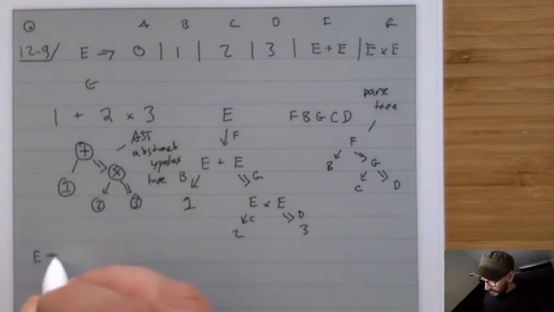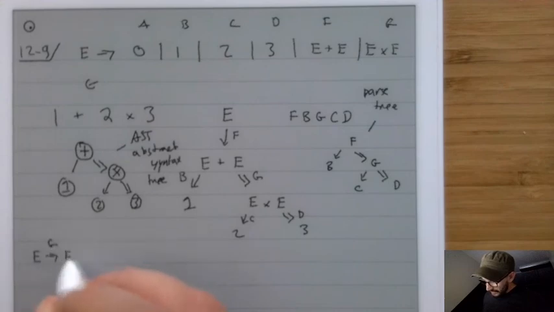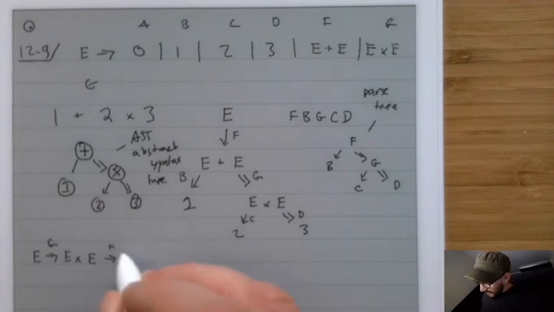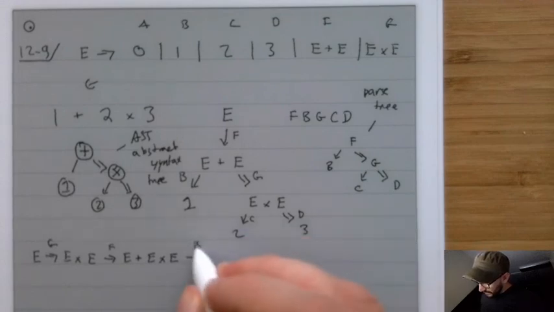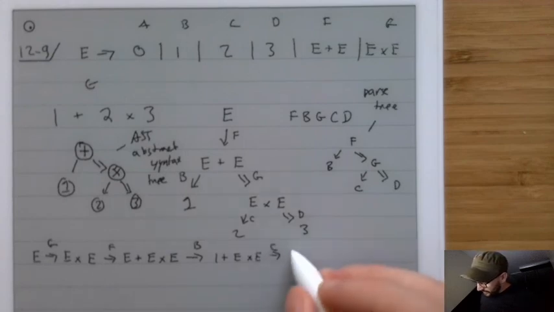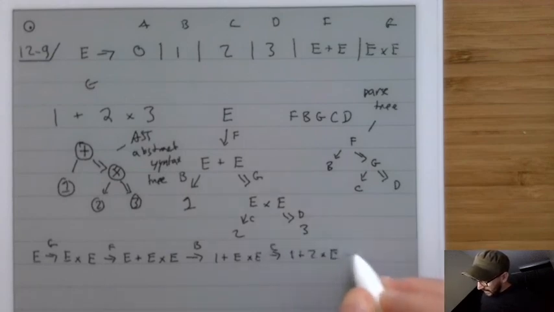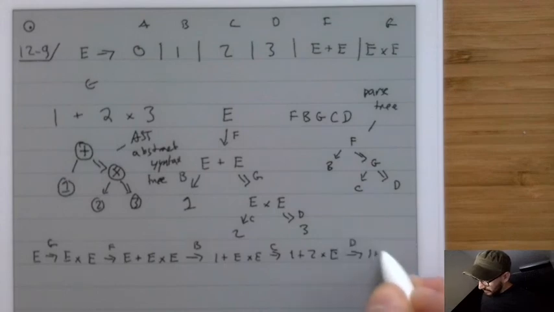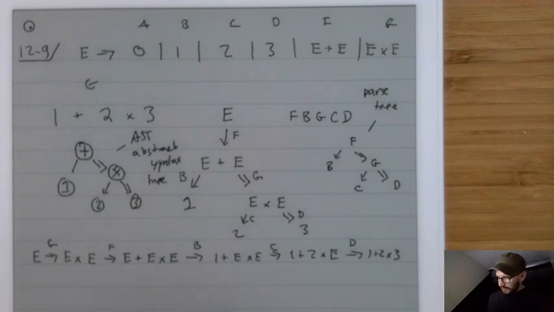So E would turn, using rule G, into E times E, and then we would use rule F and get E plus E times E. Then we would use rule B and get 1 plus E times E. Then we would use rule C, 1 plus 2 times E. And then we would use rule D, 1 plus 2 times 3. And that would be the following picture. That would be the picture that has a times on the top and a 3 to the right. Then a plus with a 1 and a 2.